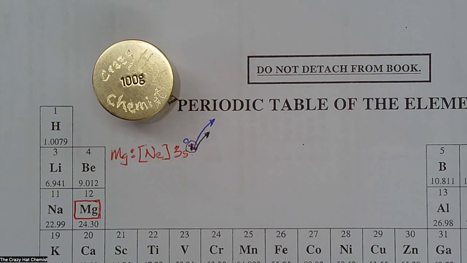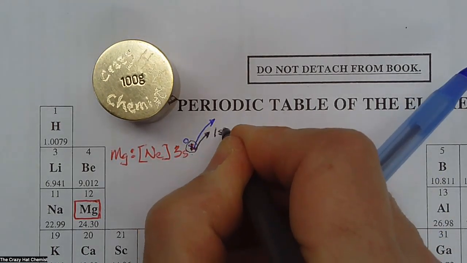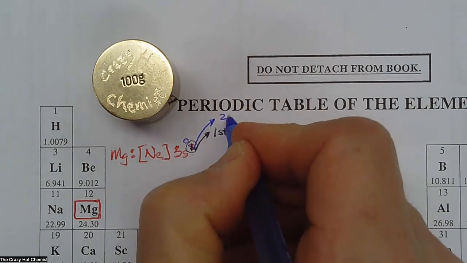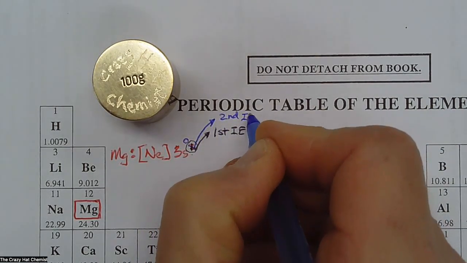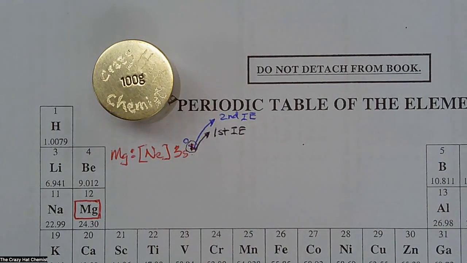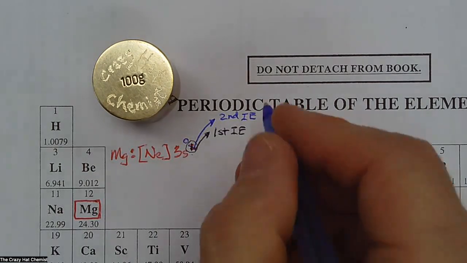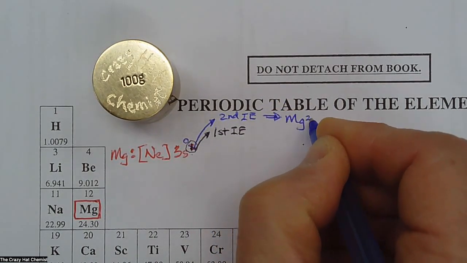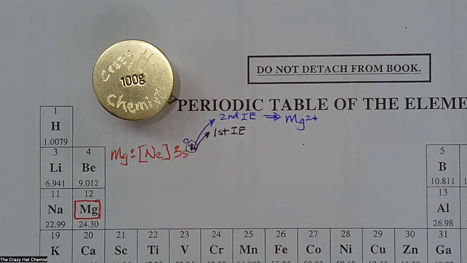Sorry about that. So the first ionization energy is the lowest. The second ionization energy is higher than the first, but still relatively low. Why? Because now you are finally forming the predicted cationic charge for the magnesium ion, which is a 2+. Okay, so that's very critical.